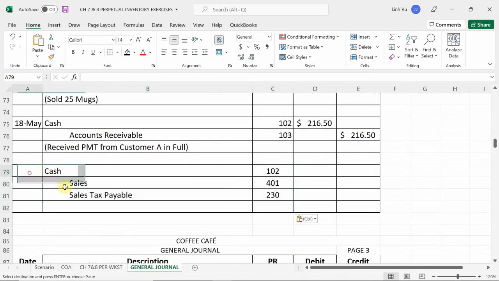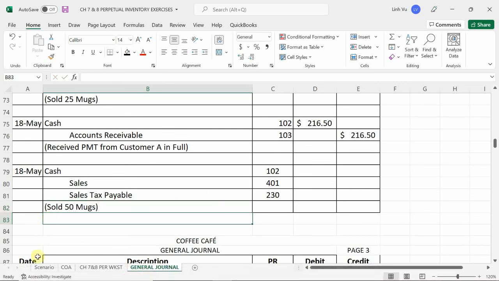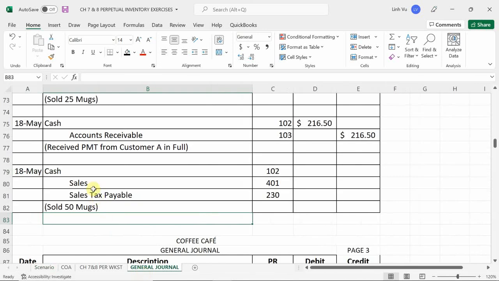It is still May 18. Because I'm splitting them up, I need to make a note here that on the 18th of May, we sold an additional 50 mugs for $10 each for cash.